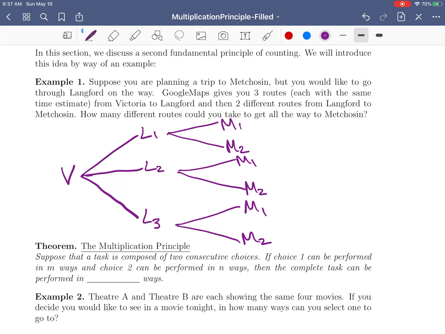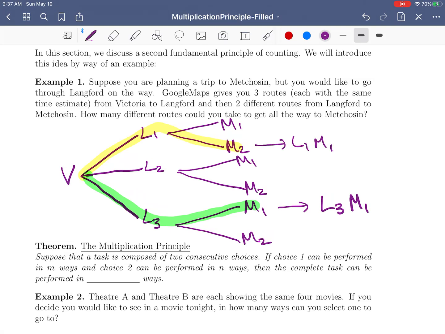If you follow one of these paths, say from the beginning to the end, it gives you one route. So this would be that we took L3 and then we took M1. If we take a different one, so maybe we take L1 and then M2, that would be along this route.